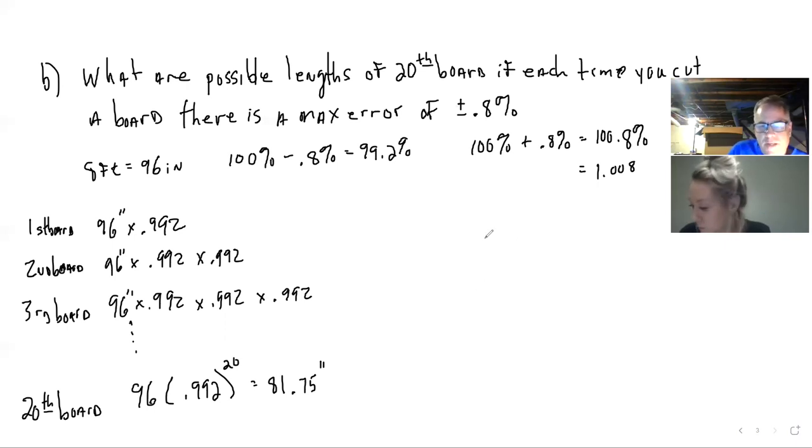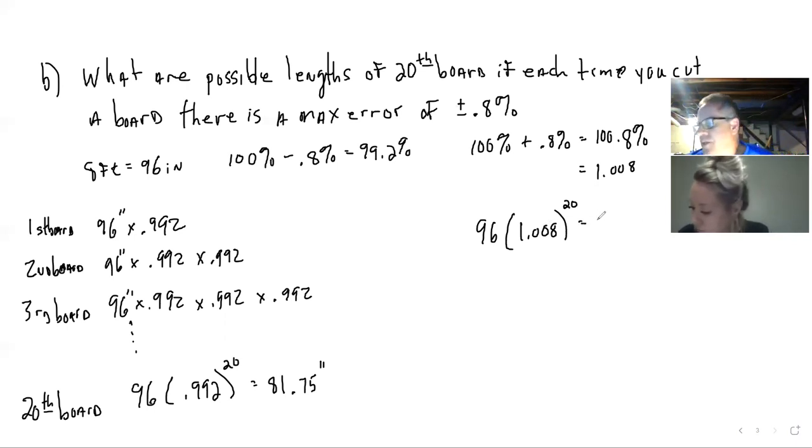So your calculation for as long as it could be would be 96 times 1.008, and then again you're going to be multiplying that 20 times. And that will give you as long as it could be with this error, which would be 112.59 inches.